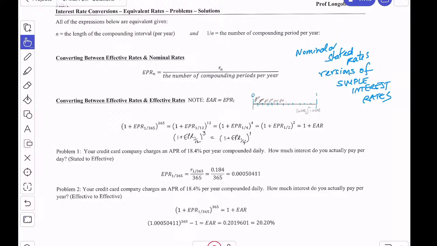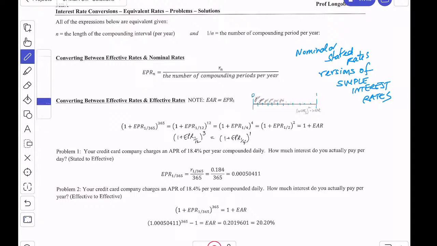For interest rate conversions, I explained there are two relationships you need to know. How to convert between effective rates and nominal or stated rates. I also call them quoted rates, that's the other word.